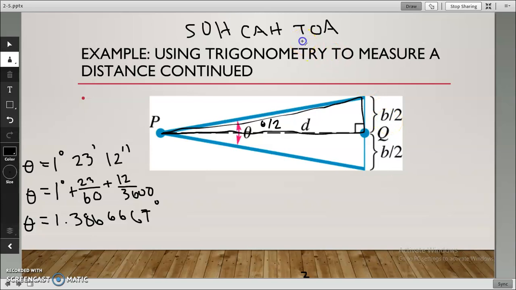So that gives me tangent. So let's write it down. Tangent of theta over 2 is equal to our opposite, which is b over 2, divided by our adjacent, which is D.